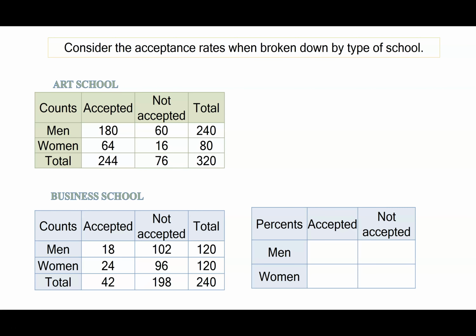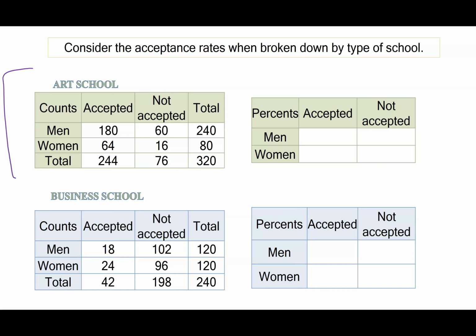So looking at art school, 180 men out of 240 men that applied were accepted. So that's 75%. And then 60 out of 240 men that applied were not accepted, or 25% of men. So 75% of the men that applied to art school were accepted, and 25% were not accepted.